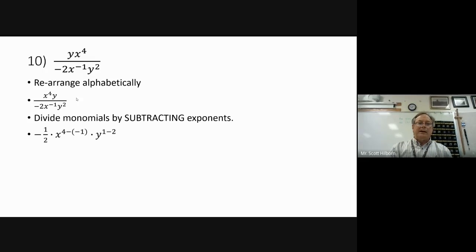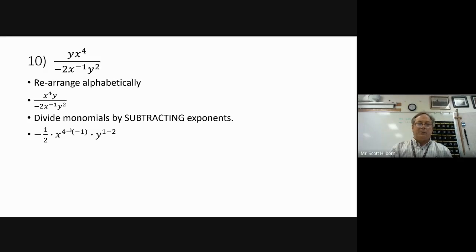So here's how I like to break it out. And you may be thinking, well, where did you get that 1/2 from? Well, it's because there's a 1 sitting up here that we don't see. So it's -1/2 times x^4 divided by x to the -1 is subtracting 4 minus a negative.